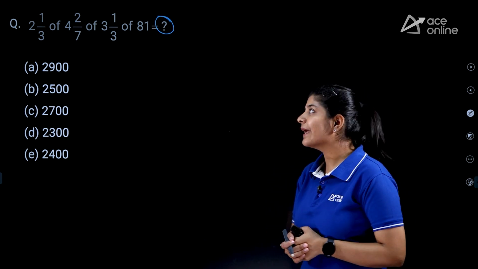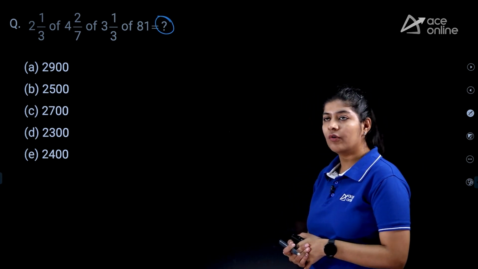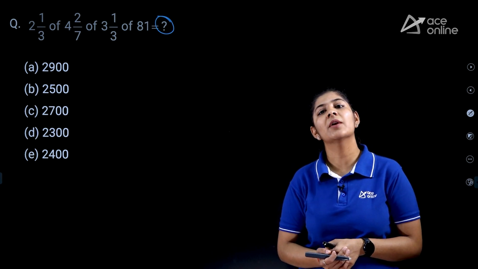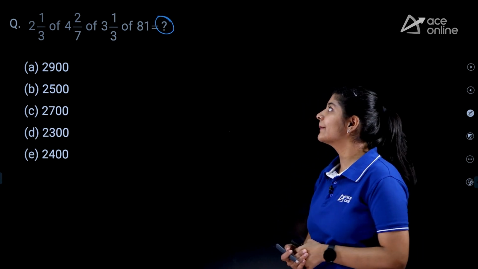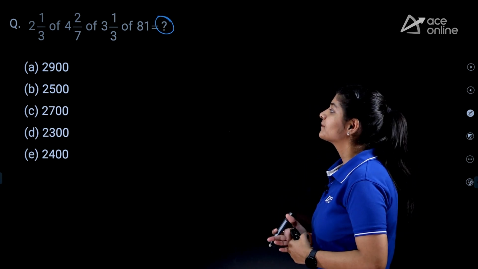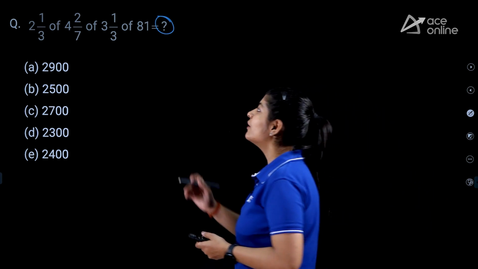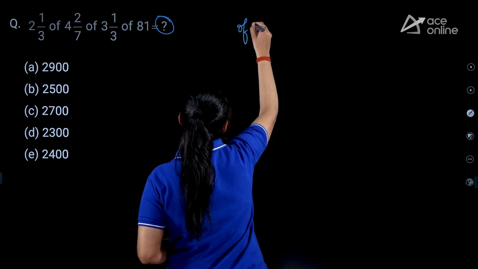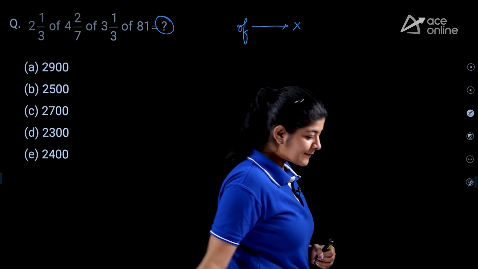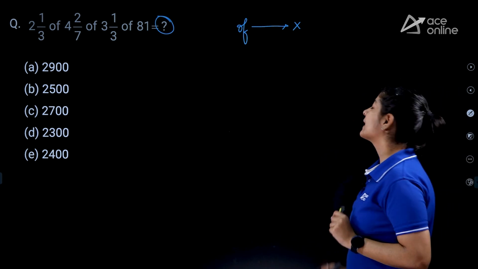2 1/3 of 4 2/7 of 3 1/3 of 81. And what we have to do? We have to determine the value of this particular question mark. We all know that the meaning of this particular "of" is nothing but multiplication.